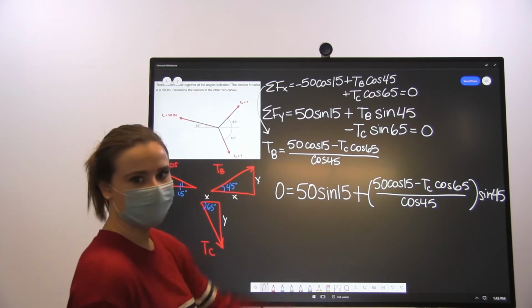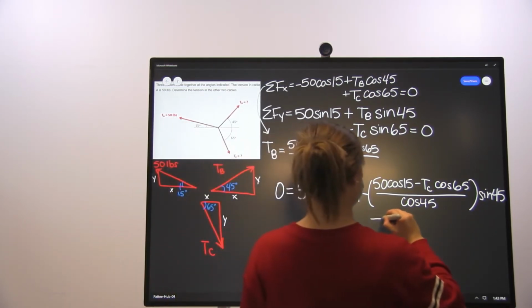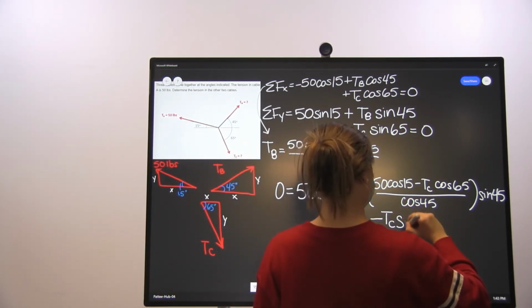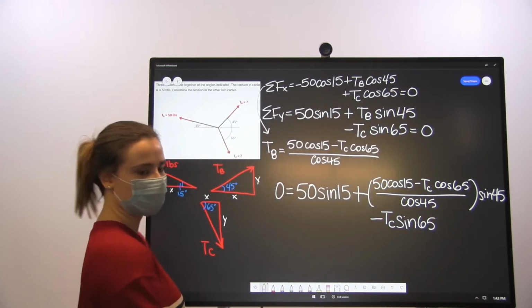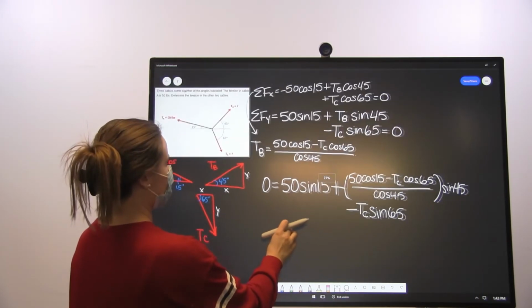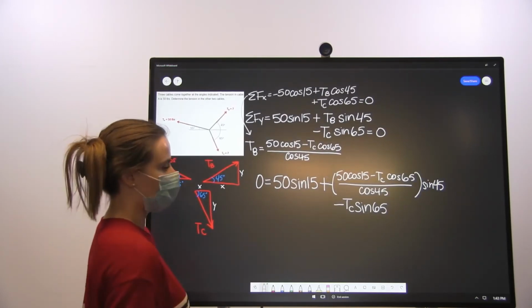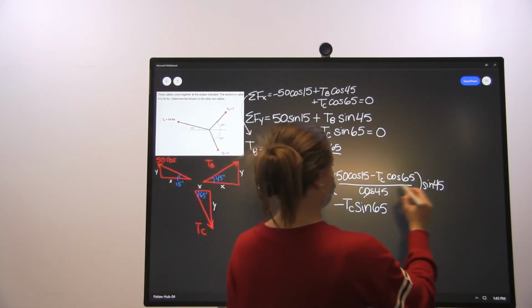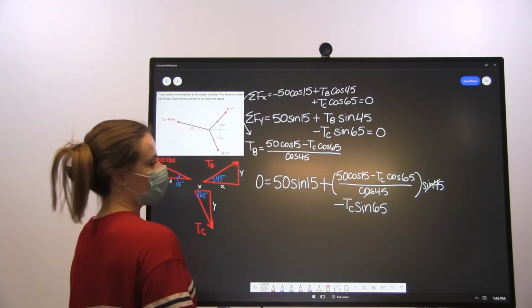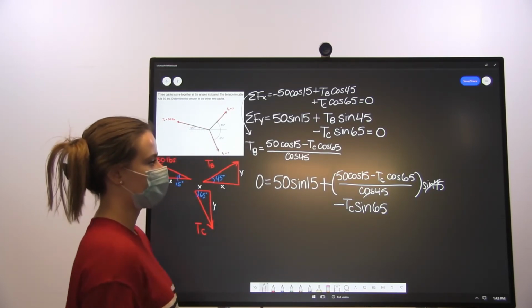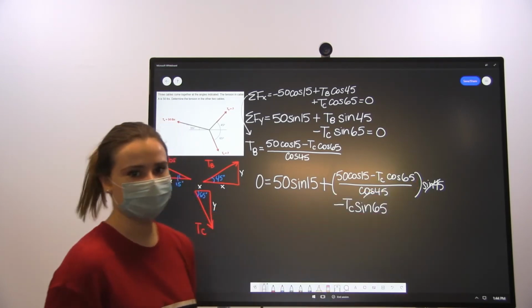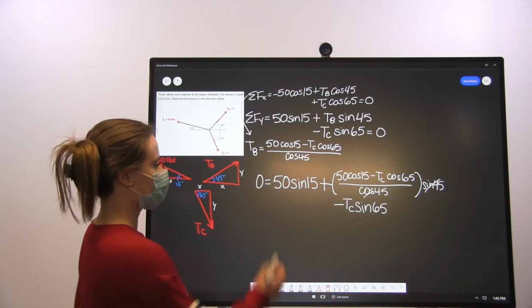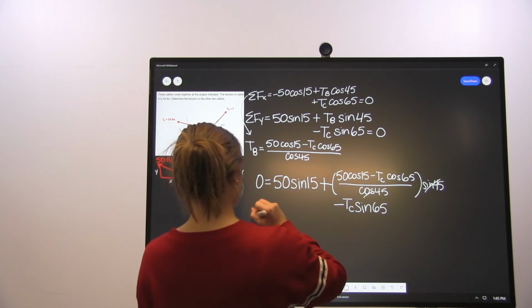And then we have minus tension C times sine of 65. So when we do that, these will cancel, our cosine 45 and sine 45. Cosine of 45 and sine of 45 are the same, and cosine's on the bottom, sine will be on the top, so they'll just cancel like that.